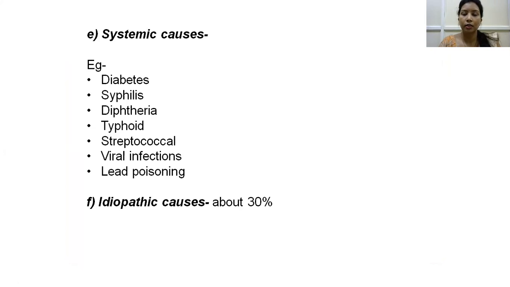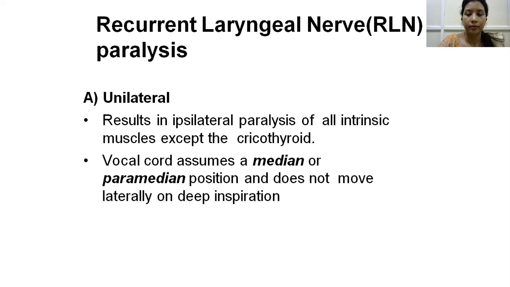So for no reason, you can see there is laryngeal paralysis which has occurred. But in spite of a particular cause not being found, an entire panel of investigations needs to be done to label it as idiopathic. Okay, starting with the unilateral recurrent laryngeal nerve paralysis.